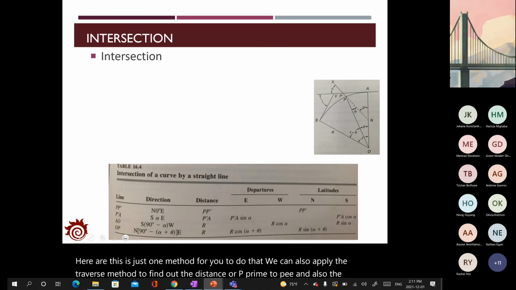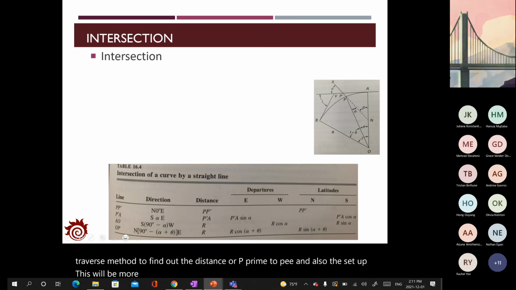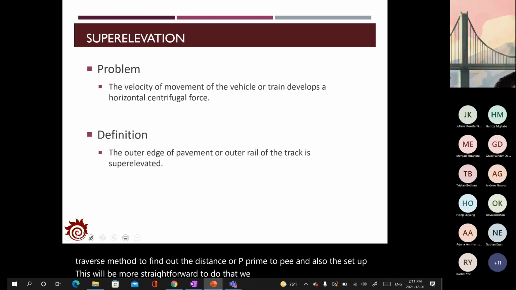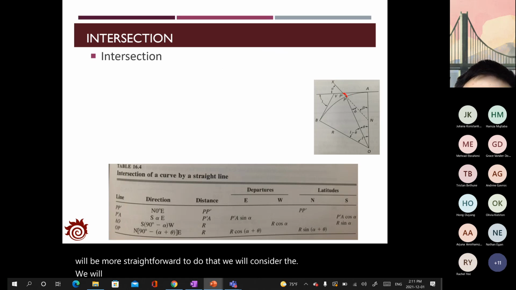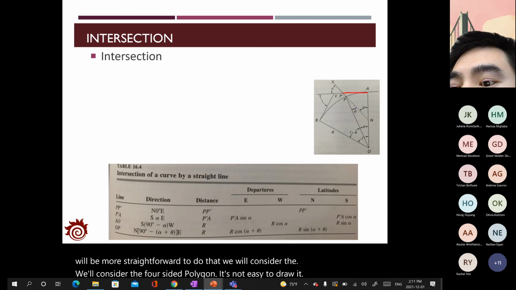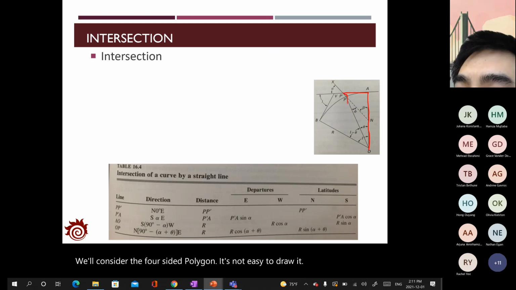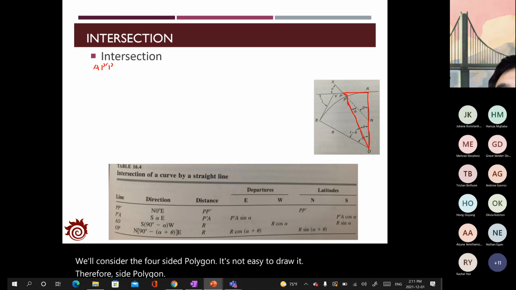This will be more straightforward. To do that, we will consider the four-sided polygon. It's not easy to draw. The four-sided polygon A, P prime, P, n.